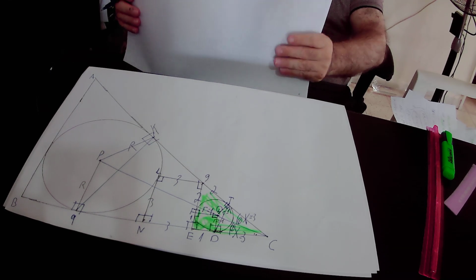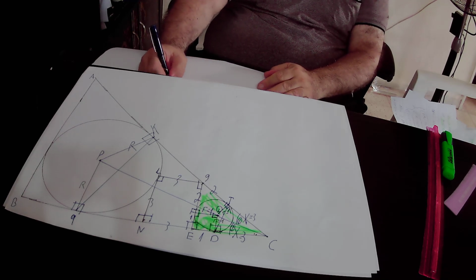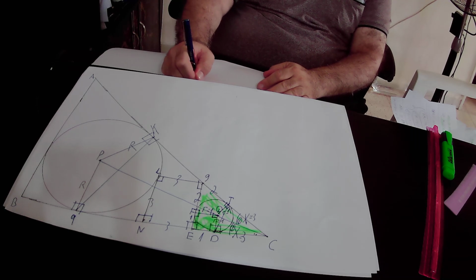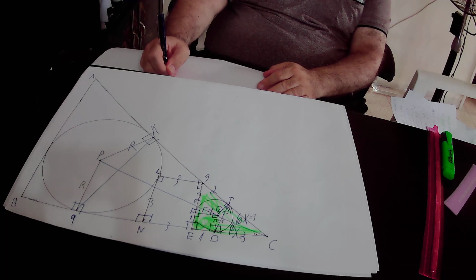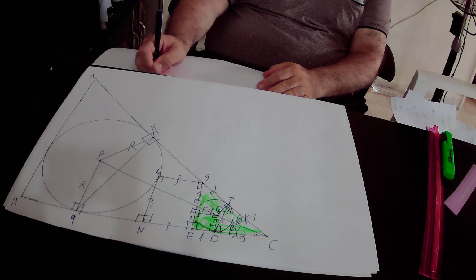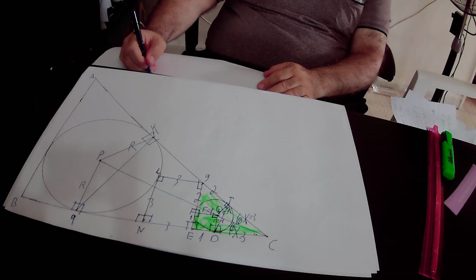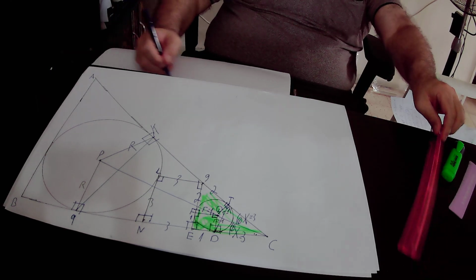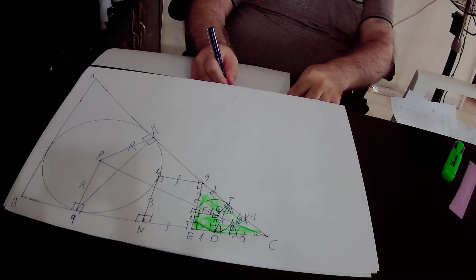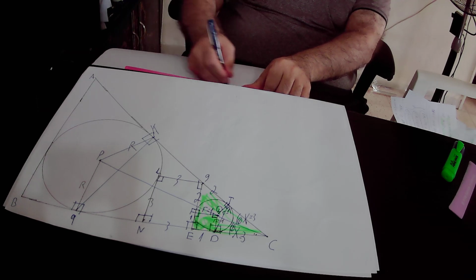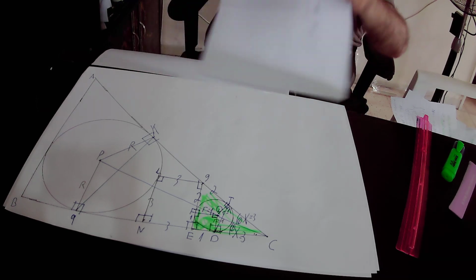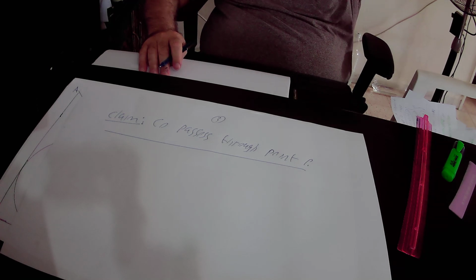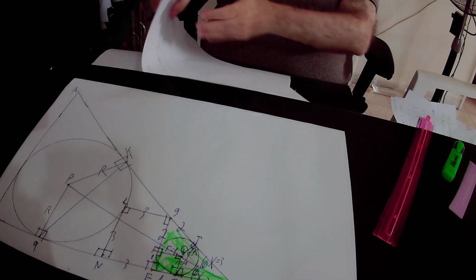Our claim is the angle bisector CO passes through point P, of course.